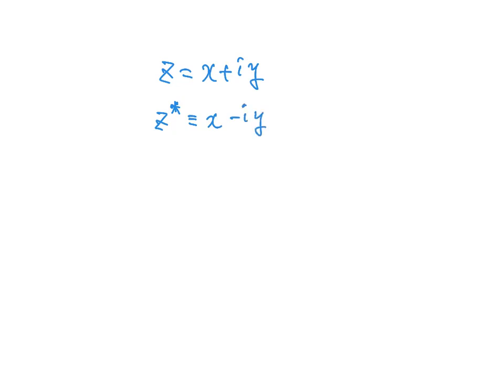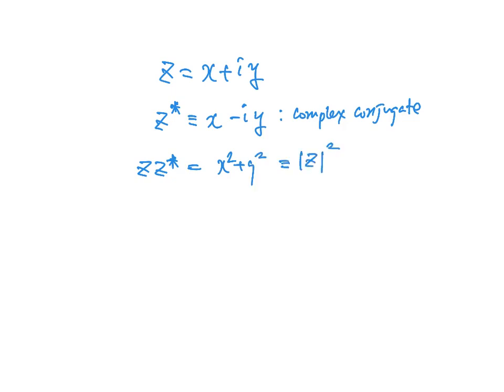You change the sign of the imaginary part. Then z times its conjugate, x squared plus y squared, is defined as the magnitude squared of the particular number.